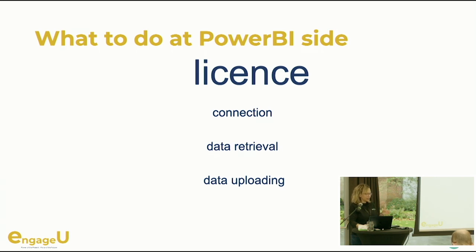The Pro license allows you to refresh 8 times a day, which has so far been enough for any of our projects. The Premium license allows a refresh every 30 seconds, if you need it. And the Pro license is quite cheap, at €90 per user per month.